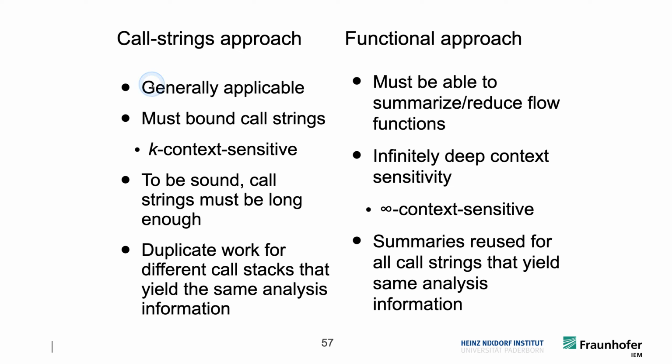What I mean by this is that it applies to any static data flow analysis that can be expressed in the monotone framework. So you still need monotone flow functions, and you still need the ascending chain condition and so on. But that's all you need. There are no additional requirements. Whereas in the functional approach, you need to be able to summarize and reduce flow functions. So essentially, you need to have a distributive problem.